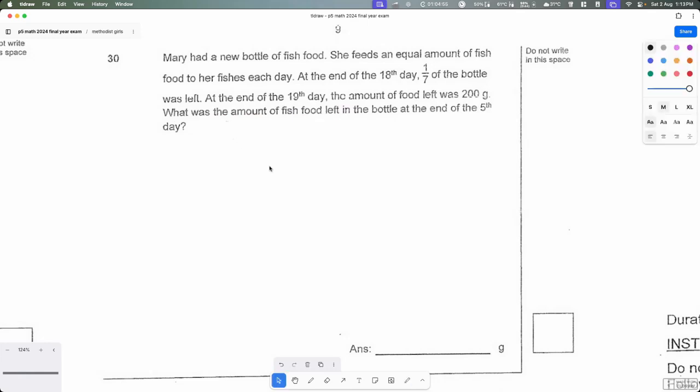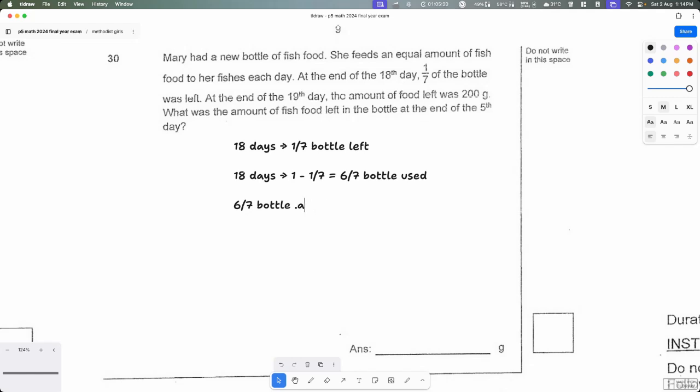So this means 18 days, right? Basically, it says here 1 out of 7 of the bottle is left. We can also do the reverse: if 1 out of 7 is left, 1 minus 1 out of 7 gives 6 out of 7 of the bottle that is used. So 6 out of 7 of the bottle is equal to 18 days.